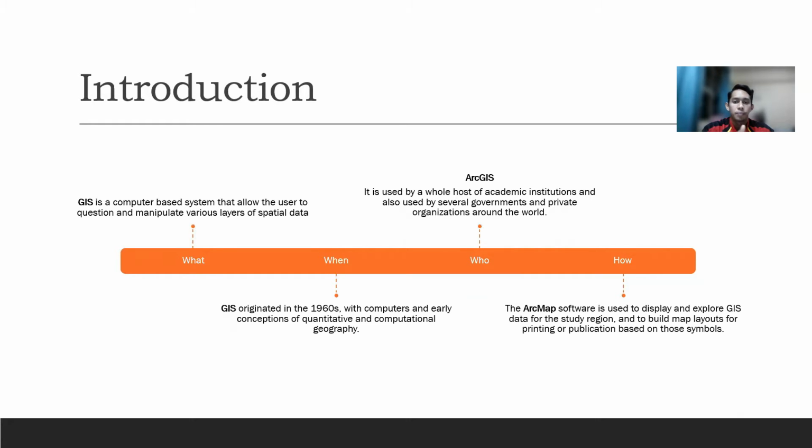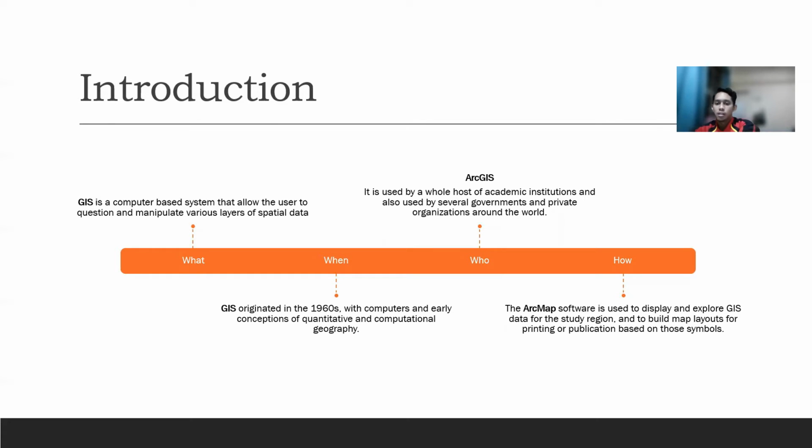As we all know, by this project we get to use the ArcGIS, and also we know a bit more about the GIS systems. So what is GIS basically? GIS is a computer-based system that allows the user to question and manipulate various layers of spatial data.